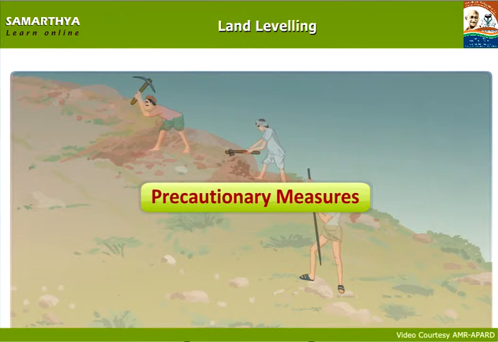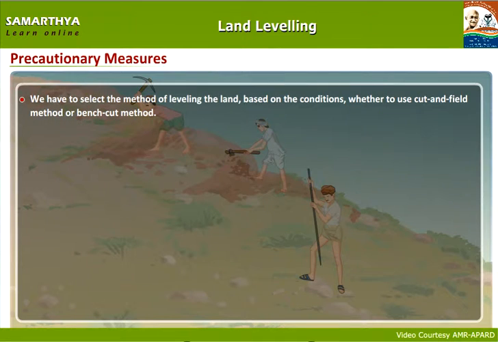Precautionary measures. We have to select the method of leveling the land based on the conditions, whether to use the cut and fill method or the bench cut method. During this leveling, the top layer of fertile soil should be separated.